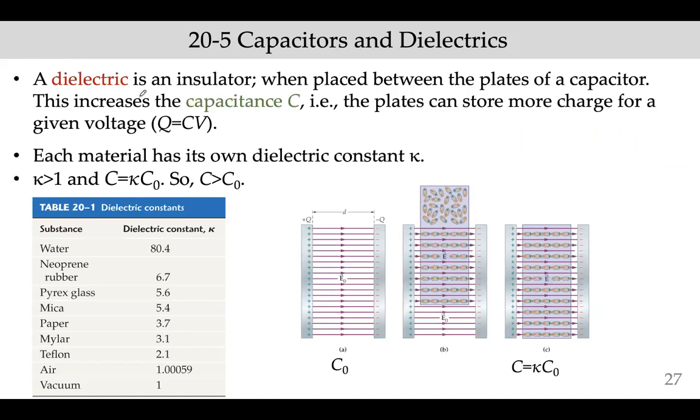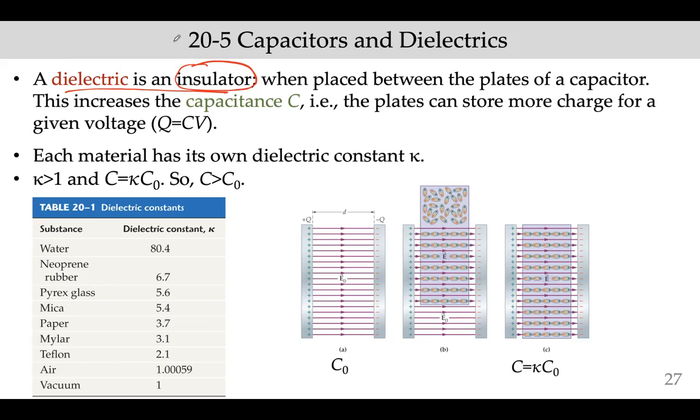Now let's move to dielectric materials. Dielectric is an insulator. Insulator means it does not have free electrons. Remember from chapter 19, in an insulator, the electrons are tied to their atoms.